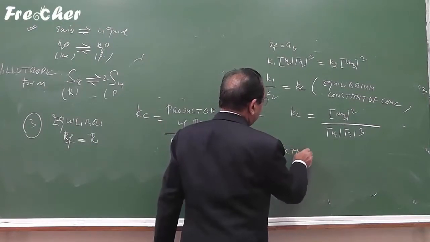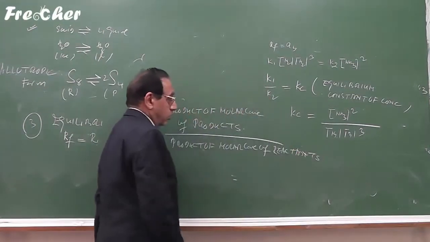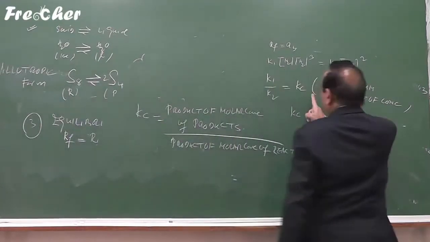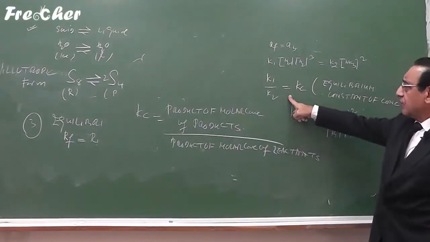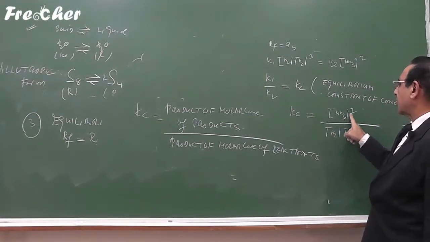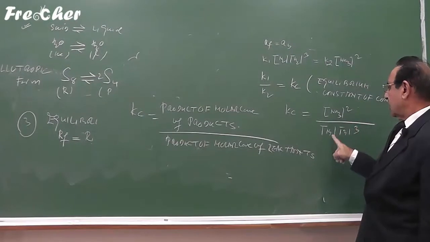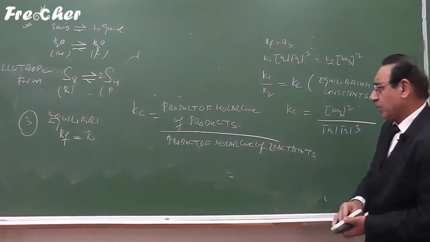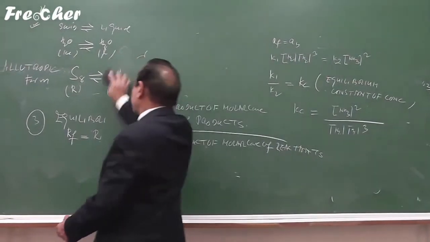Stoichiometrically you have to follow. So Kc you have defined two ways. One is the ratio of rate constant forward to backward, and second you define product of molar concentration of products divided by molar concentration of reactants stoichiometrically. This is the expression for Kc.